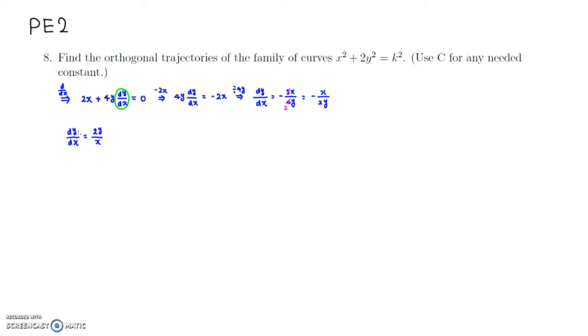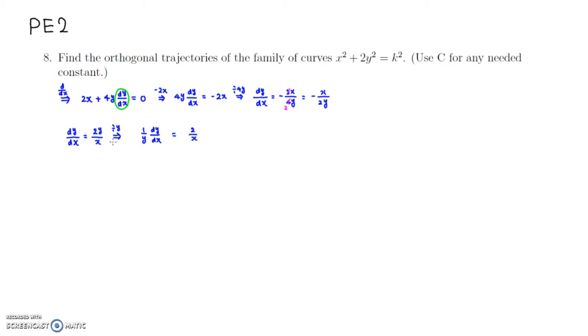This is a separable equation, so we put all the y's on the left and everything else on the right. First, I'm going to divide through by y, so you get 1 over y times dy over dx equals 2 over x.